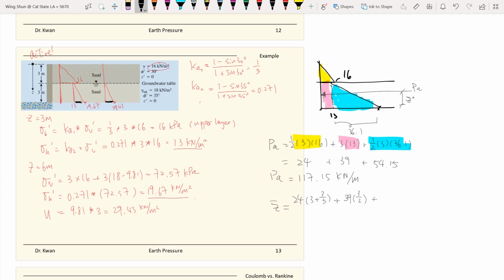And the third triangle that you got, the blue one, again the location is 1/3 of its height, because it's the centroid of the triangle, and then we sum by the total resultant force. Again, these are the three parts that we mentioned.